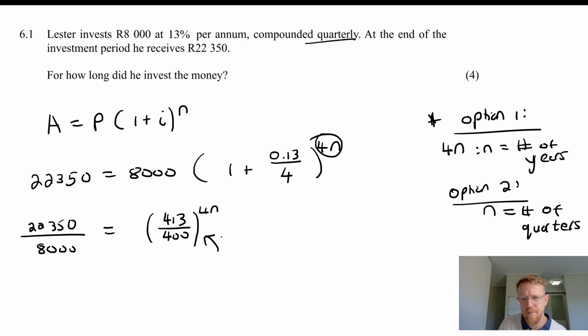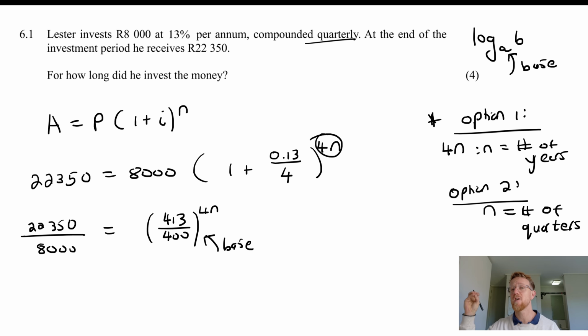So we call this the base. But now when you write something in log format, then this number down here, we can also call that the base. So when we now switch from log to exponential, or exponential to log, the base stays the base. So this one is going to be the base in the log as well.